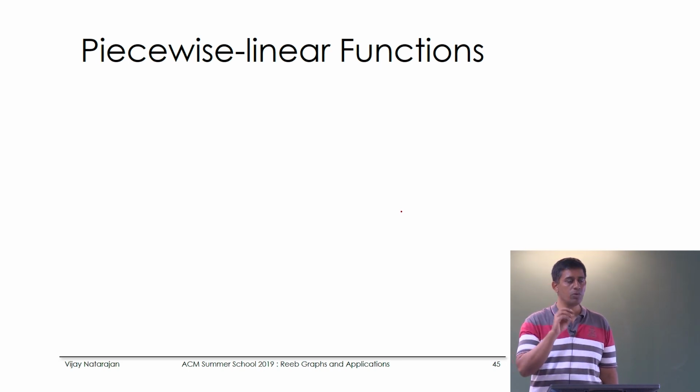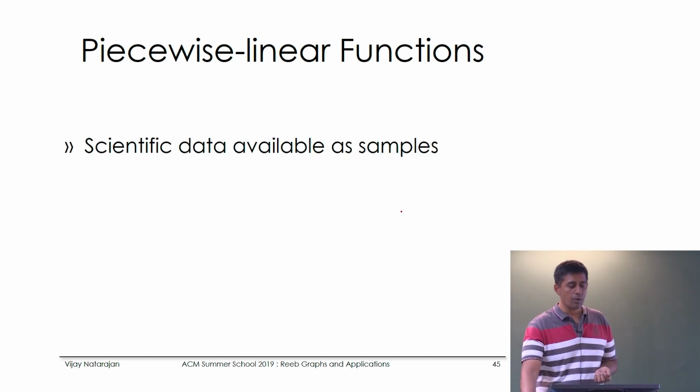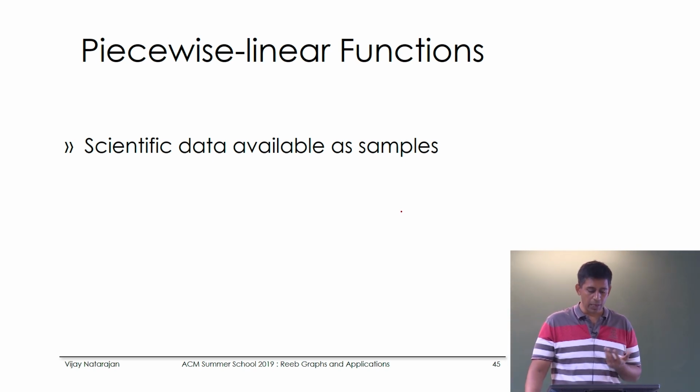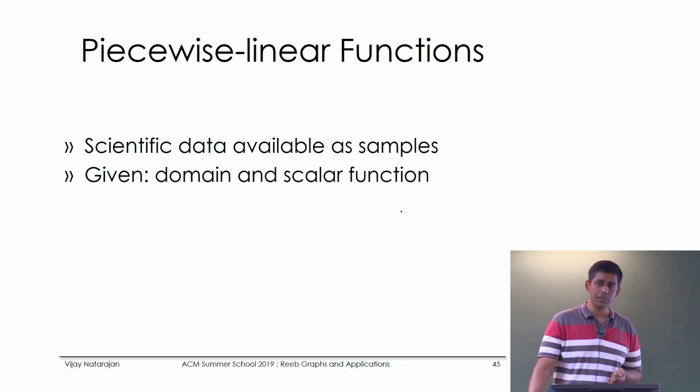In fact, you sample your function at a finite number of places, and you somehow interpolate to get a continuous function. You cannot hope to get a smooth function at all. So often what we work with is a piecewise linear function. Like I said, data is often available as samples.